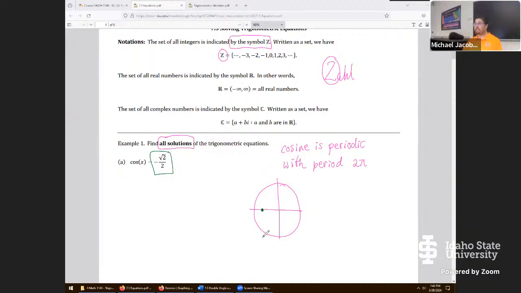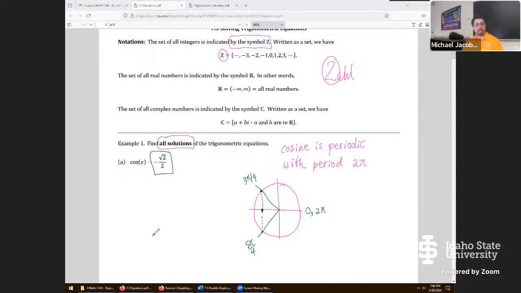Now we need to reverse engineer what angles between 0 and 2 pi give us negative root 2 over 2. Well, you can just draw them. There's one up here, there's one down there. And this one is 3 pi over 4. This one is 5 pi over 4. These are referred to as the principal solutions to this function. It's definitely not all solutions, because recall, cosine's periodic with period 2 pi.